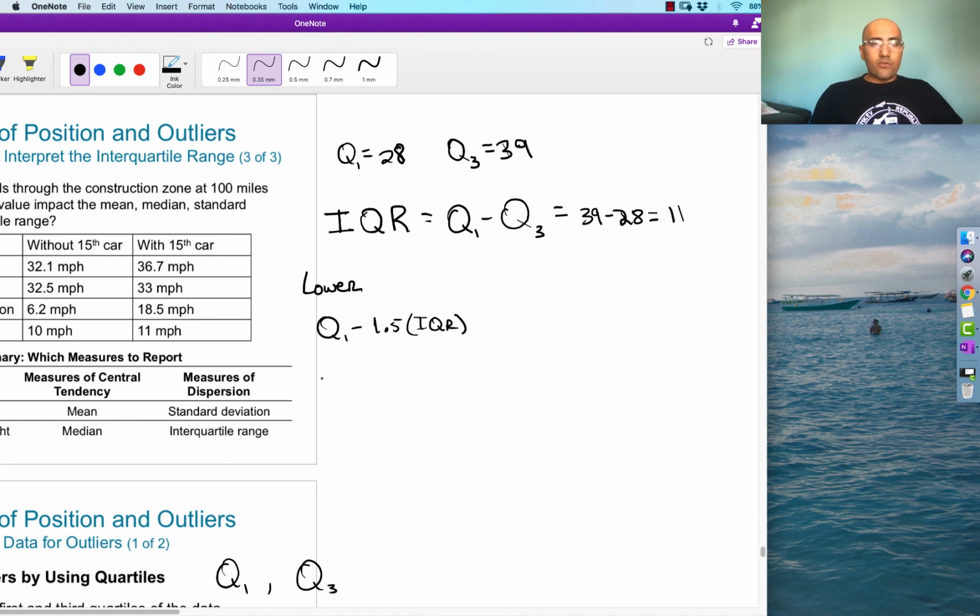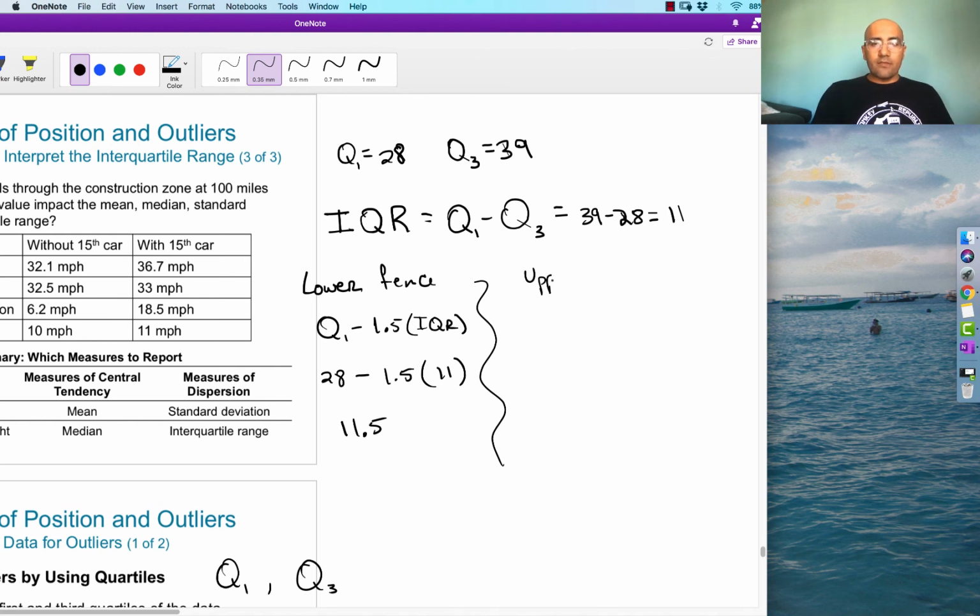So that'll be equal to 28 minus 1.5 times 11, which equals 11.5. That's the lower fence.